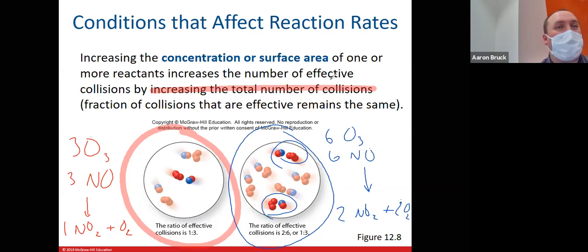The panel on the right, in terms of percent effectiveness, is exactly the same. 1/3 of the collisions are effective. But by sheer number of collisions, I will end up getting more product in the right-hand panel than on the left. And so the reaction will proceed a little bit faster in that panel as a result.